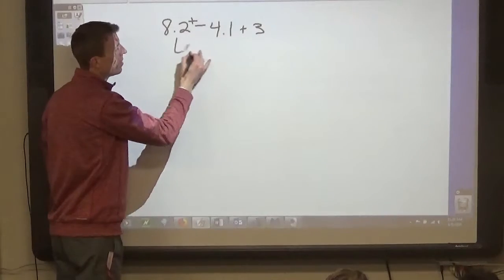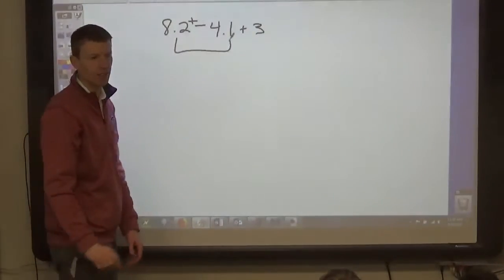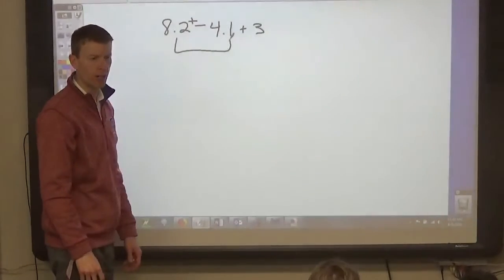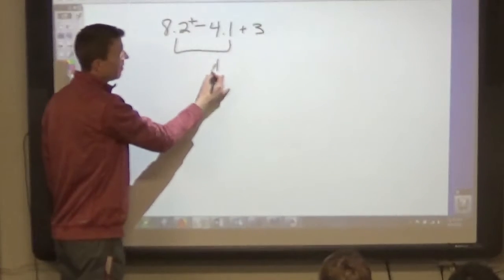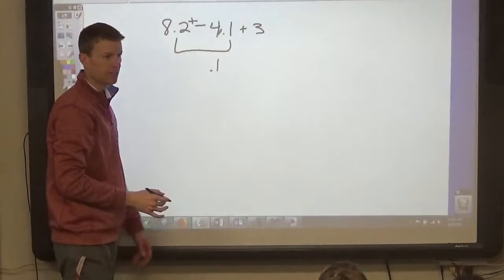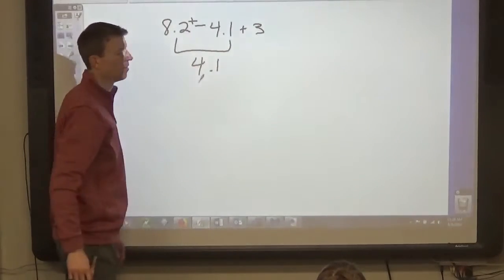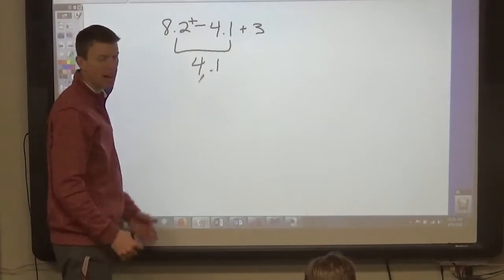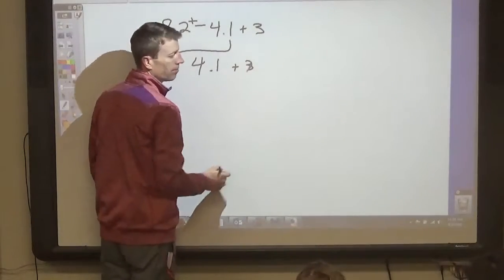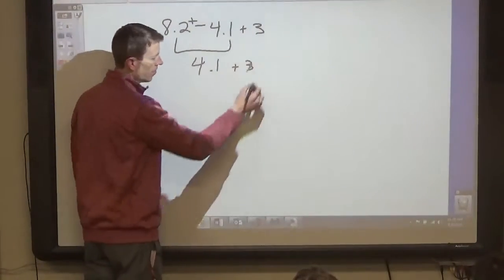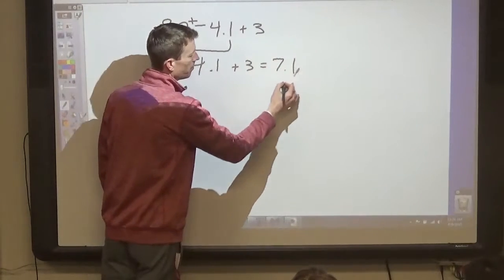Because you can do this in your head, can't you? 8.2 minus 4.1. 2 minus 1 is 1. 8 minus 4 is 4. So it's 4.1. Then 7.1, and then add the 3. So it equals 7.1.